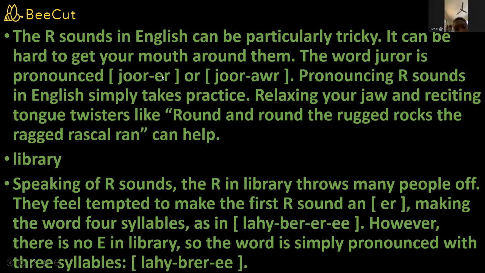Pronouncing R sounds in English simply takes practice. So relax your jaw and recite tongue twisters like round and round the rugged rocks the ragged rascal ran, to practice R. Then another word is library.